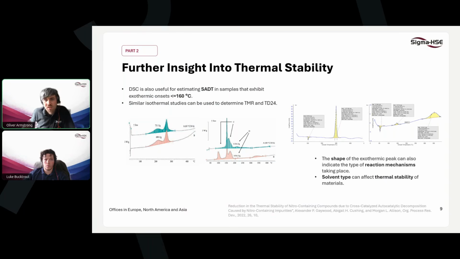The same kind of principle can be applied to isothermal kinetic evaluations of either desired reactions or undesired decomposition reactions to inform on TMR, time to maximum rate, and TD24 of exothermic reactions, which can be used for internal designs and process assessments rather than just for transport.